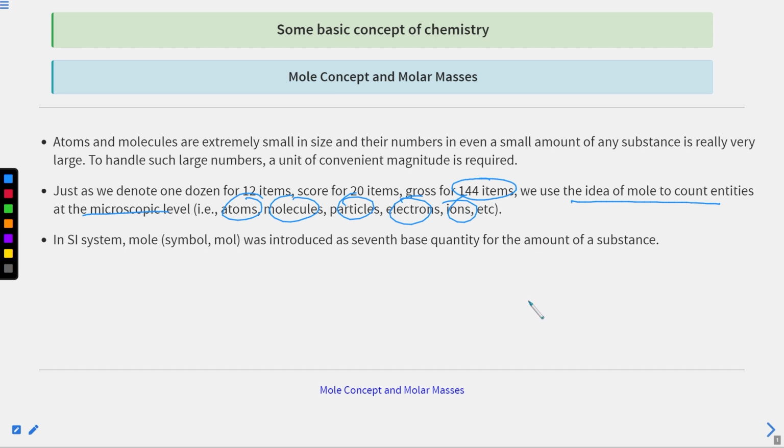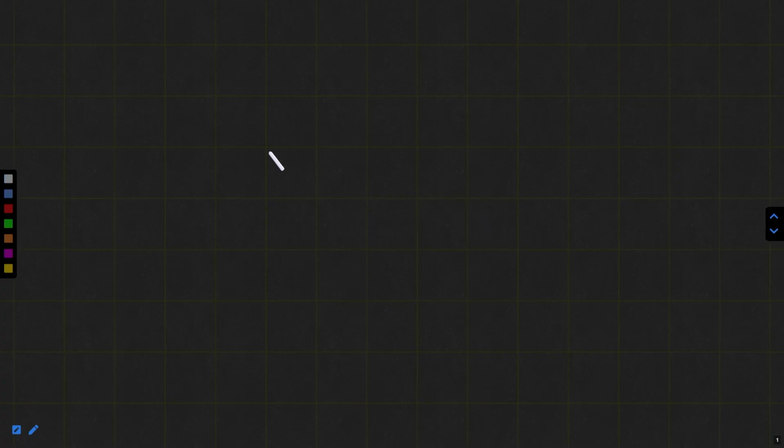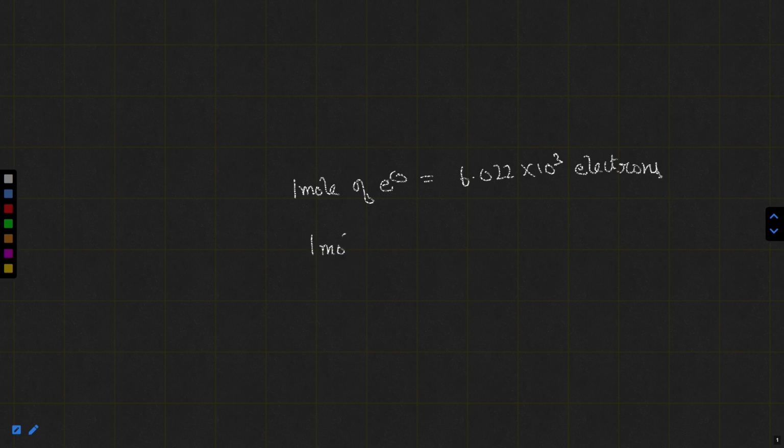So we can have any entity. Say we can have 1 mole of electrons. How many electrons will there be in 1 mole? 6.022 into 10 to the power 23 electrons. Similarly, we can have 1 mole of atoms, in which there will be 6.022 into 10 to the power 23 atoms.